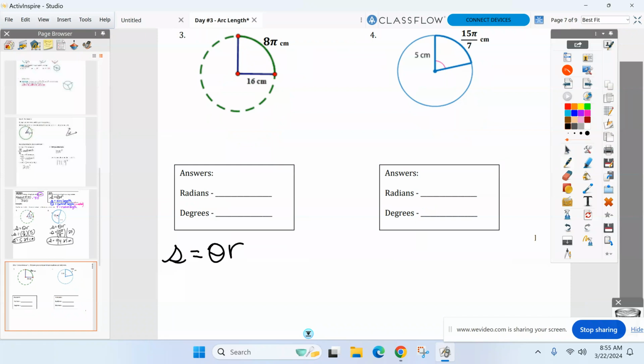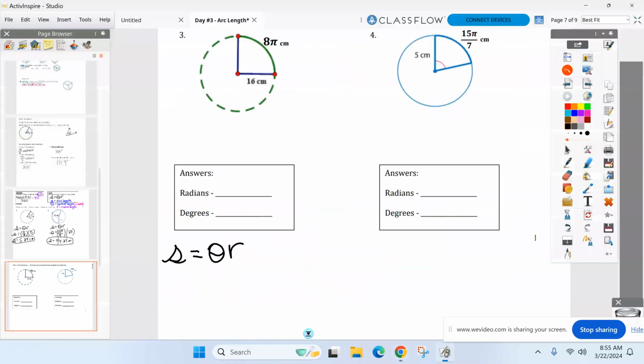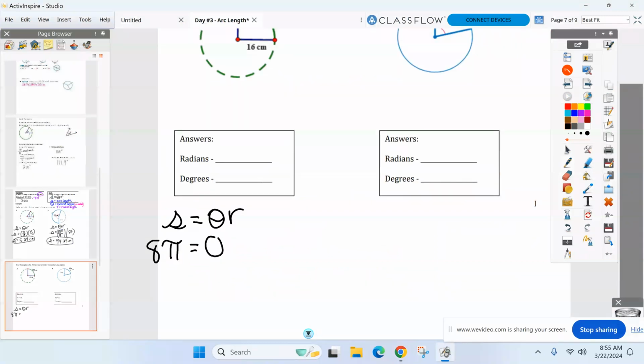S is the arc length. So look on your diagram. What is the length of an arc that belongs to that angle we're finding? Alyssa, what's the arc length? There you go, everyone. That's going in for S. Perfect. Equals. We're finding the angle theta. Leave it theta with a radius of 16.